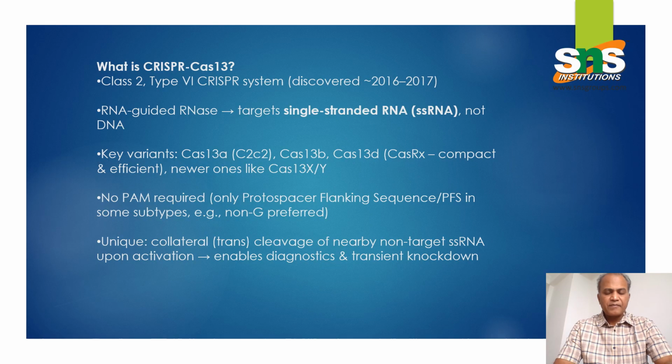It performs the editing, cutting as well as the removal. The previous Cas9 as well as Cas12a require a PAM recognition site. That is one of the big advantages of this system. That is the reason why it performs in RNA systems.